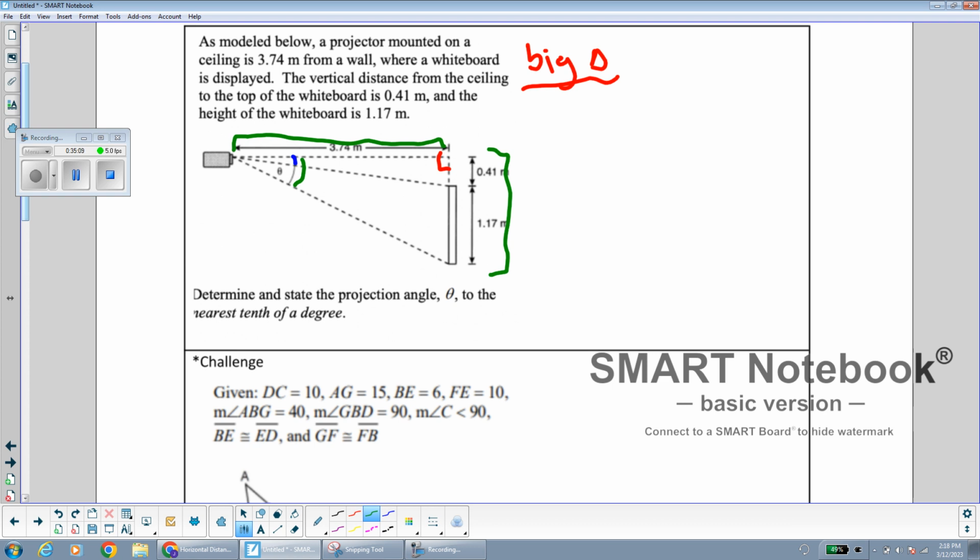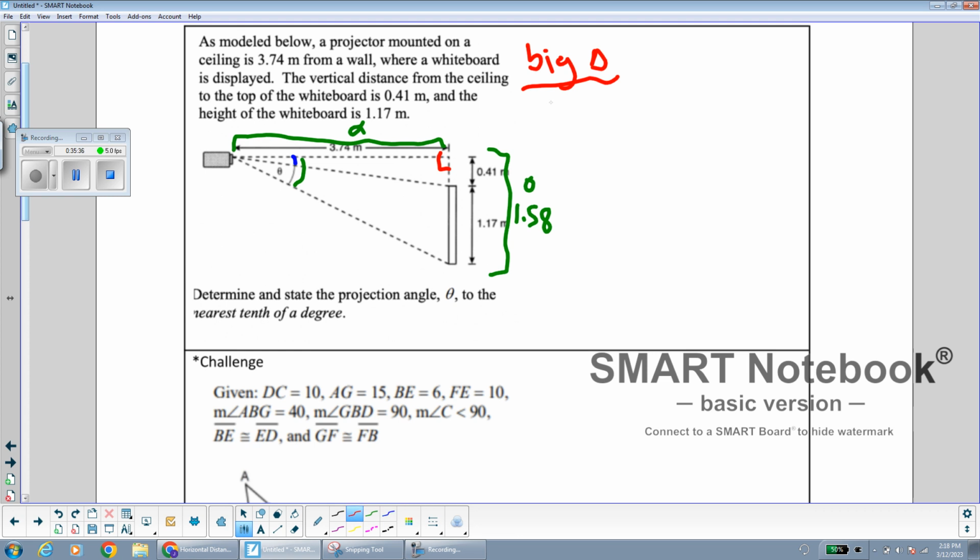That side is 1.17. Let me get my calculator back out. Plus 0.41. So that is 1.58. So we have opposite and we have adjacent. So that is tangent, opposite over adjacent.